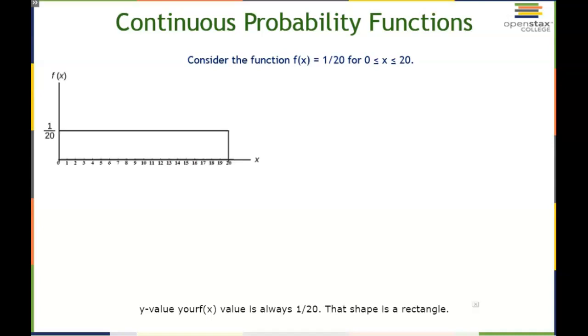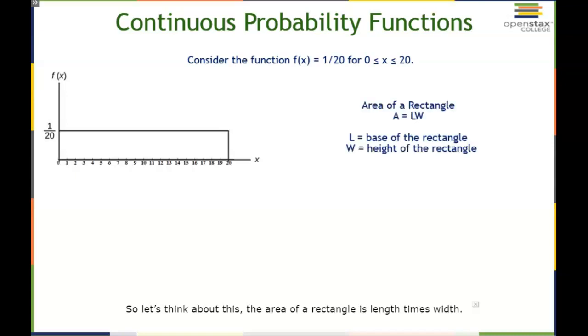That shape is a rectangle. Everything underneath that line of 1/20th, inside that rectangle, are our probabilities. And if you add all of them up, all of those probabilities must equal 1. So let's think about this. The area of a rectangle is length times width.